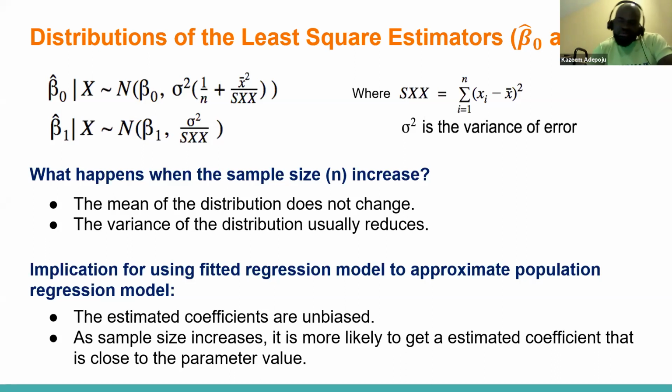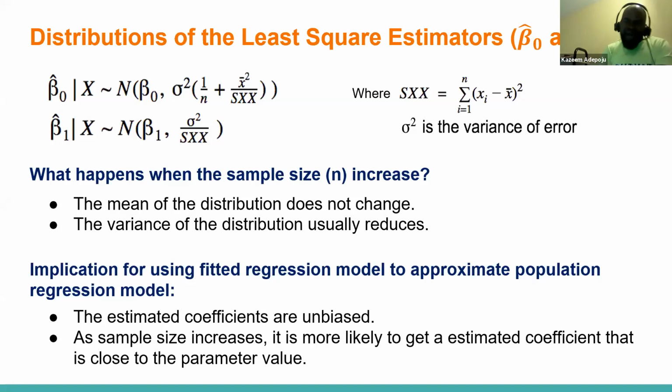But what we end up getting is a fitted regression model. Now, we've got a way to justify that the fitted regression model that we have obtained using sample information can actually represent the population regression model we are seeking. How can we justify that?